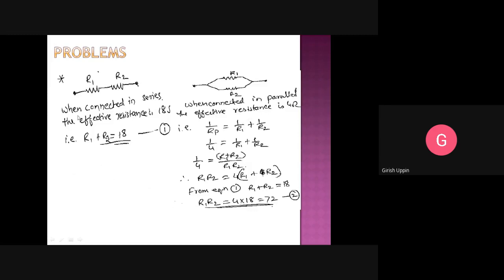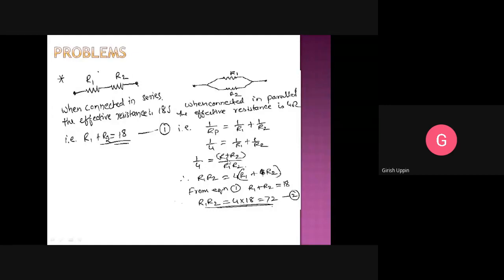So first one, when connected in series, effective resistance R1 plus R2 is equal to 18. And when they are connected in parallel, 1 by RP is equal to 1 by R1 plus 1 by R2. So therefore 1 by 4. RP is 4. And in the exam you have to be very careful. Keep solving.